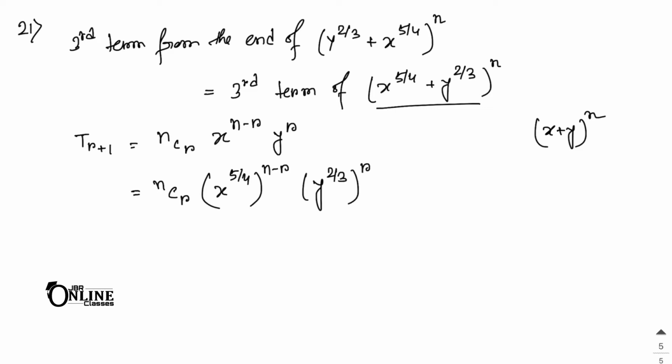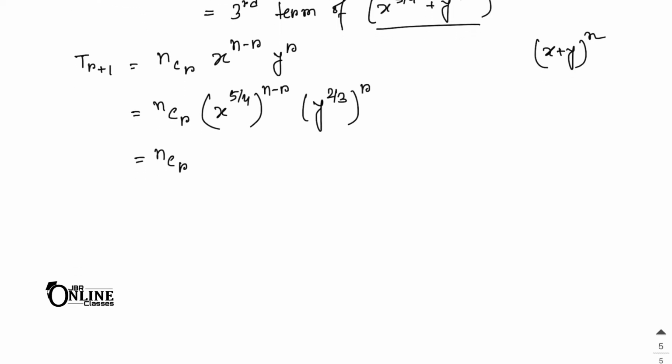Now next, nCr, and that will be x^(5/4) to the power n minus r. As you have to find out the third term, in that case you write down T(2+1). That means r equals 2.